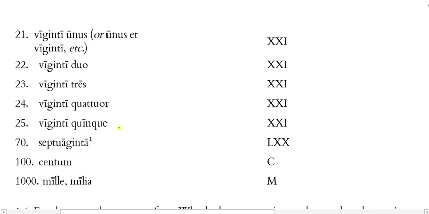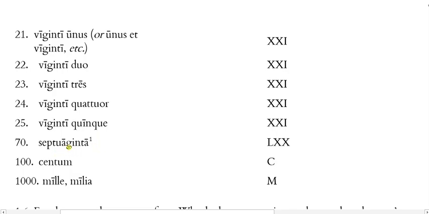Okay. Now, you might wonder, why is 70 here? The reason 70 is here is because Dr. Marshall studied the Septuagint for his doctoral work, and the Septuagint is the traditional name for the first Greek translations of the Hebrew books of the Bible. And it's based on the tradition that 72 or 70 elders were involved in that initial translation.